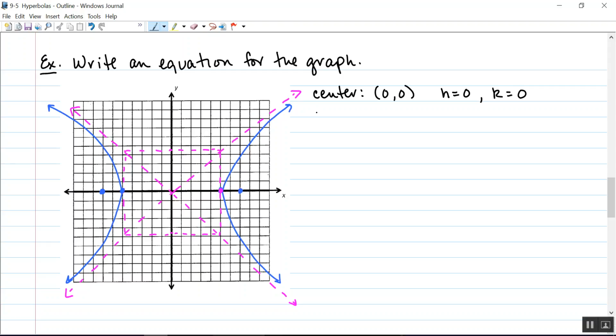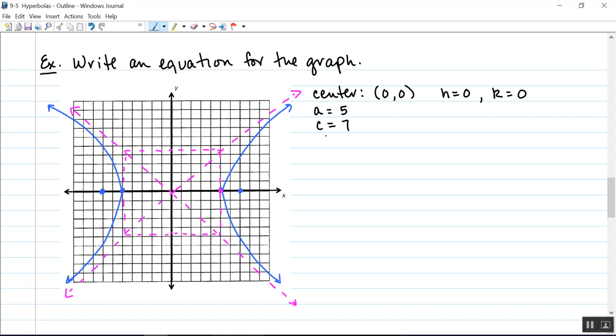A, remember, is the distance from the center to a vertex, and this is the vertex right here where the hyperbola hits it, and that's 5 units. And b is this other distance here from the center going up to there, and I can't find that quite exactly, so we'll have to figure out what b is. But c is the distance from the center to a focus, and that's this blue dot out here, so my c is 7.